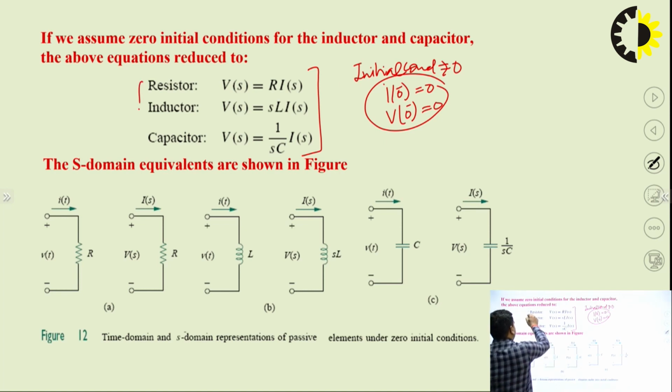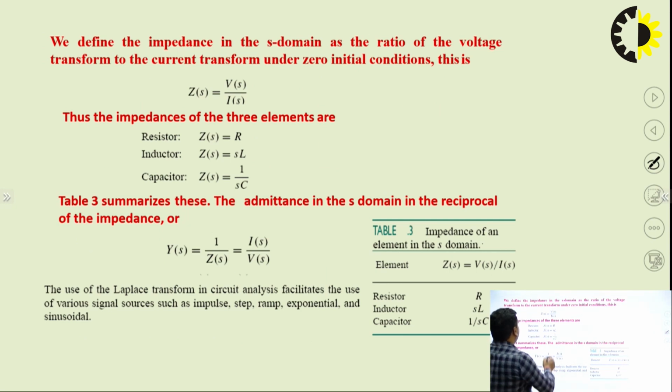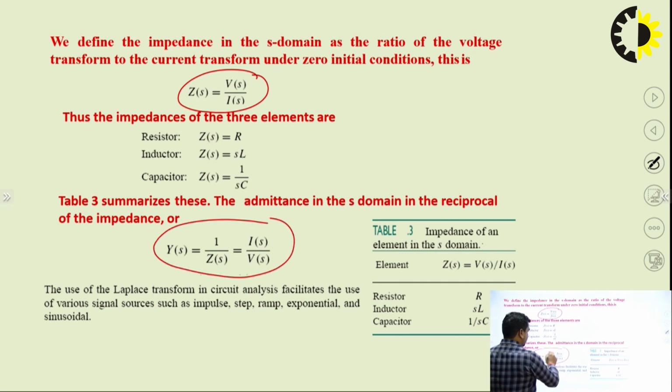So these are the different conditions when we are using resistance, inductance or capacitance. We can also define the impedance, Z(s) equals V(s) over I(s), and the admittance, Y(s) equals 1 over Z(s), that is I(s) over V(s).